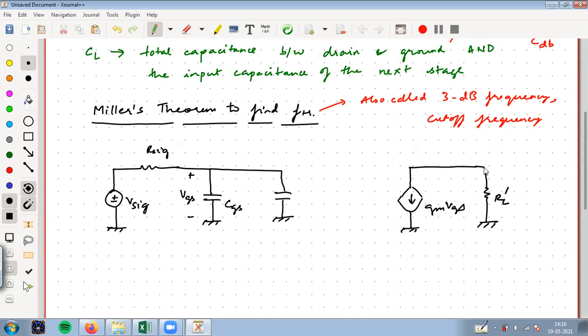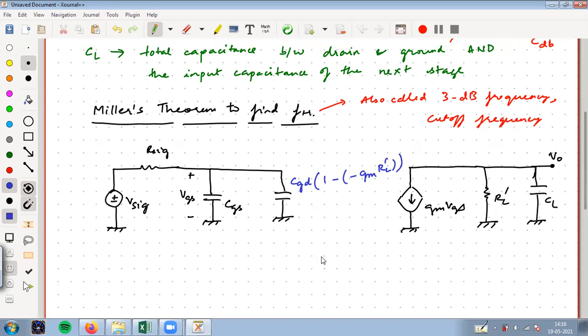Then here I will have CL, and here I'll have V0. So what will be this capacitance? This capacitance will be CGD into (1 minus of minus gm into RL prime).